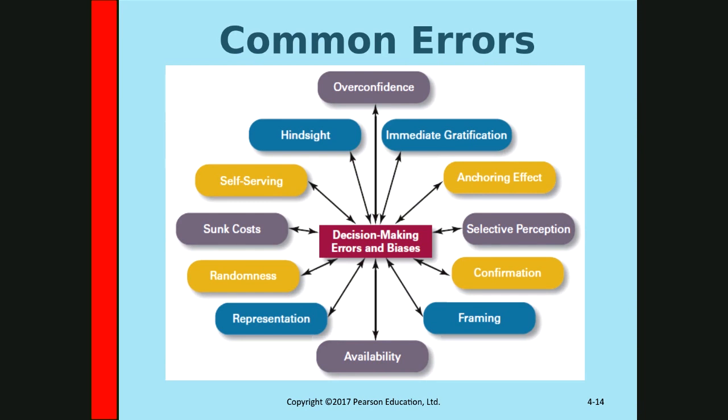Immediate gratification talks about when the decision maker wants an immediate reward, so they might overlook the cost that was incurred. Like, maybe there is a discount given, but they have forgotten that this discount might not be the best factor to actually make a decision, okay?